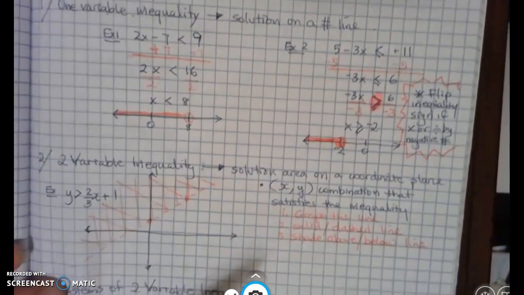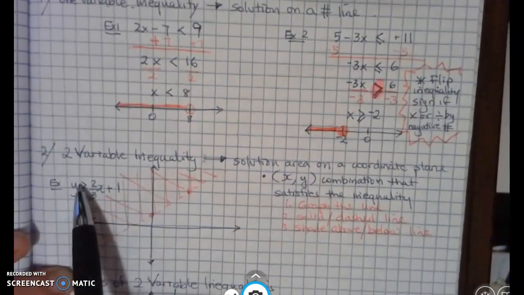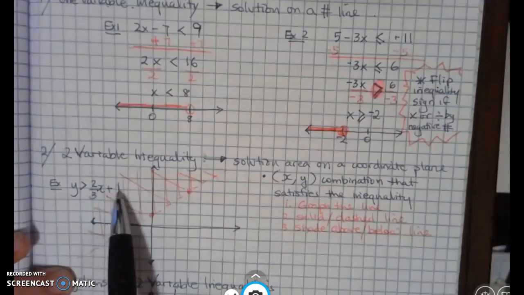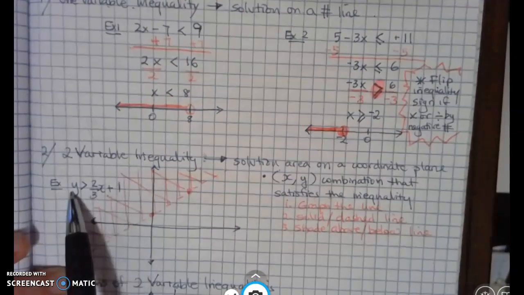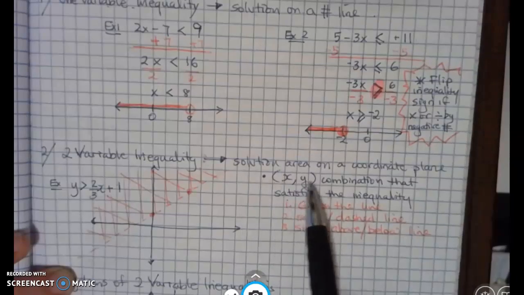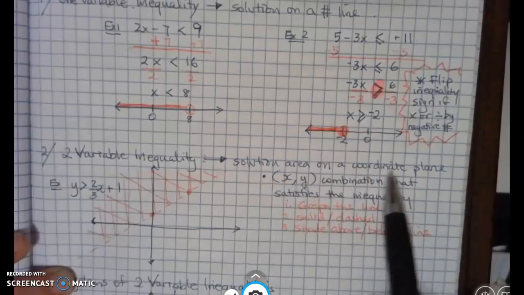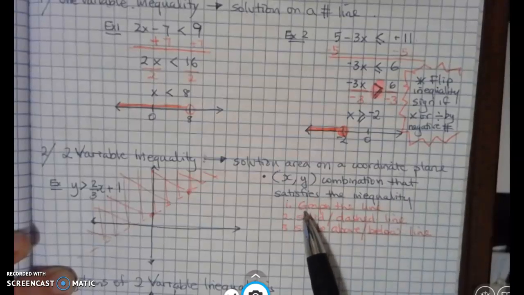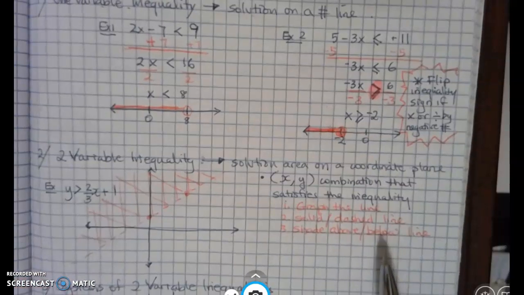However, if you have a two variable inequality, like y is greater than 2 over 3x plus 1, then the solution area is going to be an xy combination. So it's going to be on the coordinate plane, and here you need to graph the line and decide whether it's going to be a solid or dashed line, and you need to shade above or below the line.